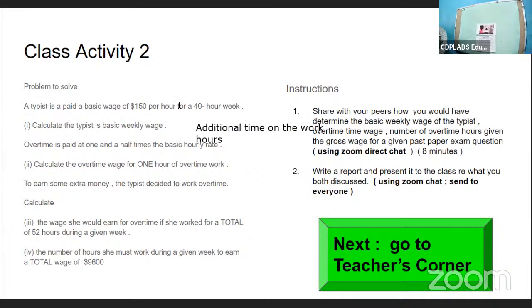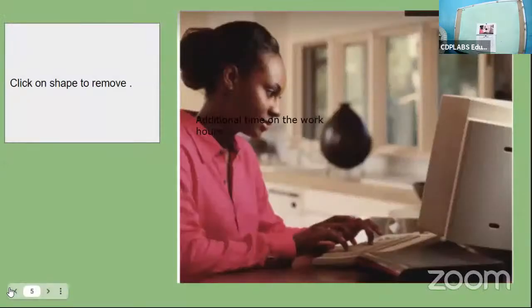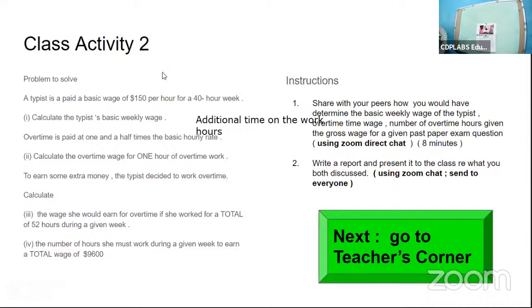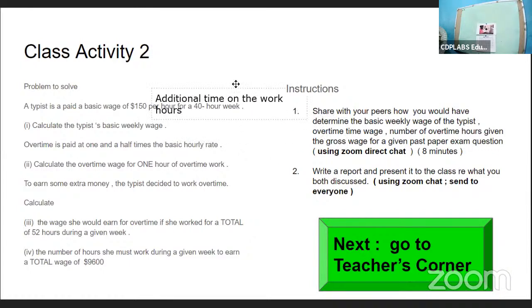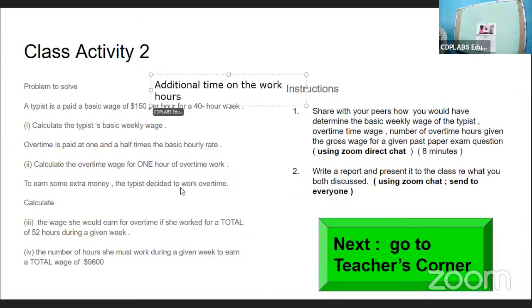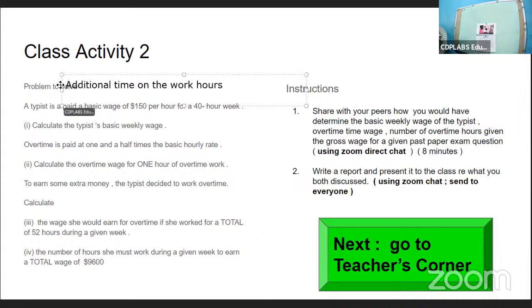So the work hours, what is her work hours? Sorry, let me go back to that. What is her work hours based on the question?